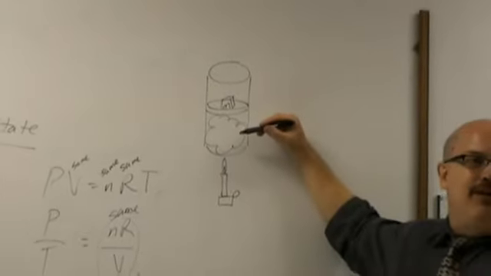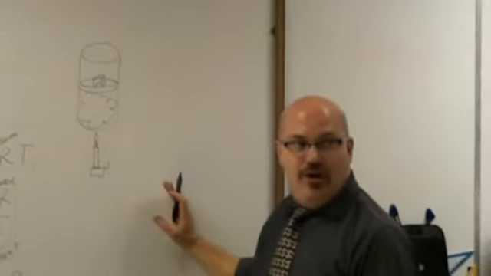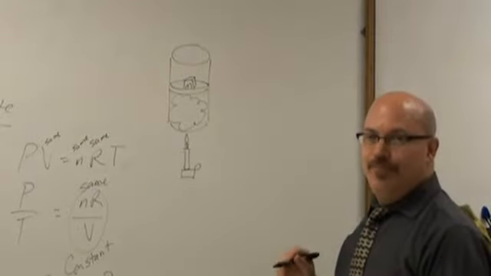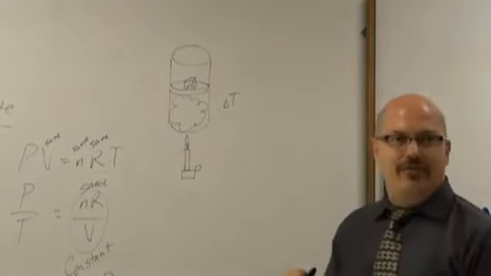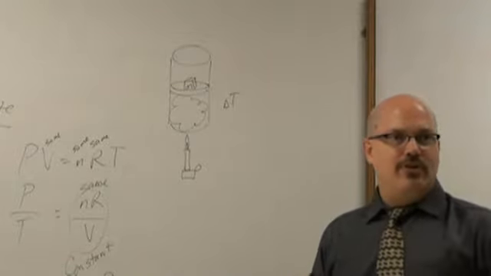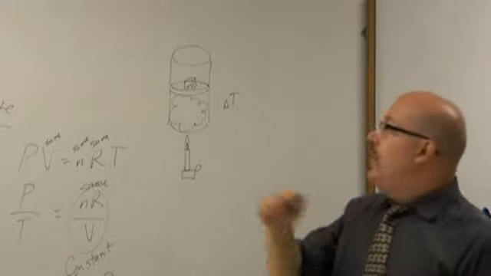Now, in this particular problem, from no blowtorch to blowtorch, what stays the same and what changes this time? Temperature changes. What else? Volume changes. Do we have a change in pressure, if the piston is free to move? No, it's a change in volume.